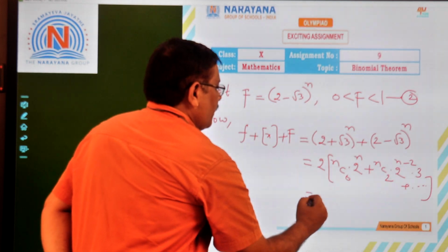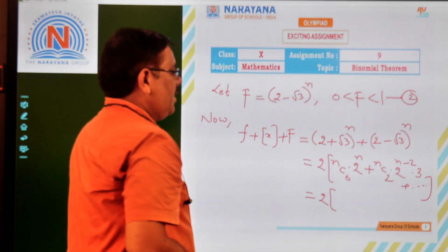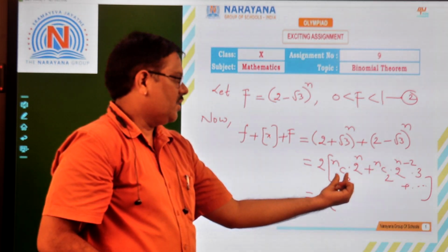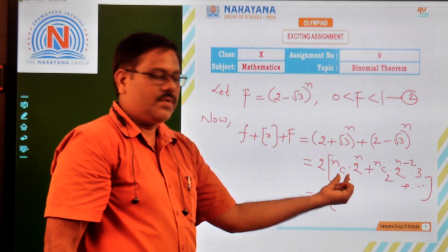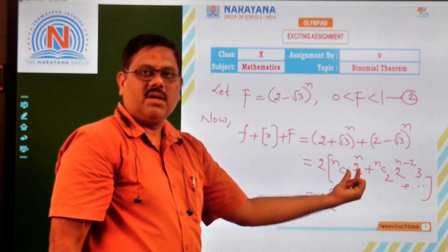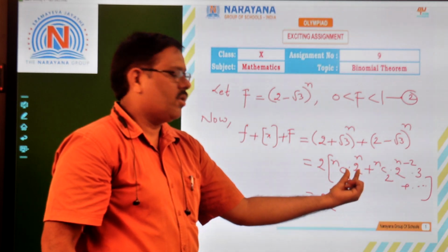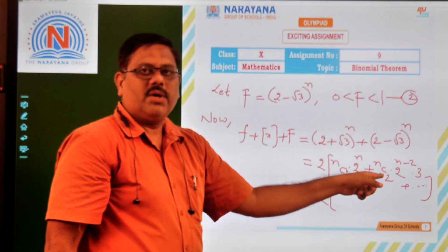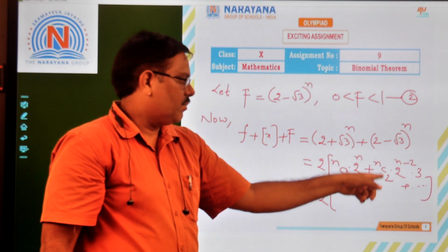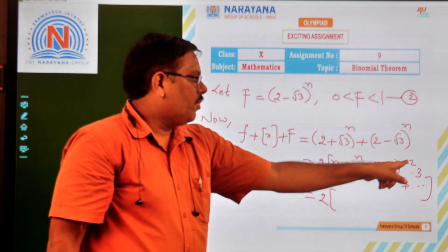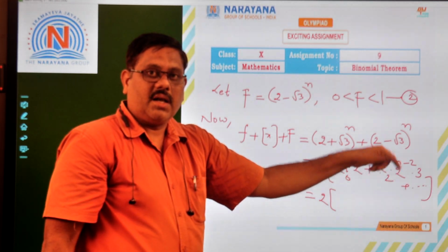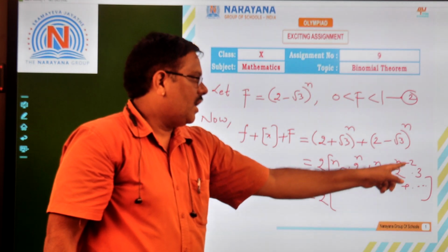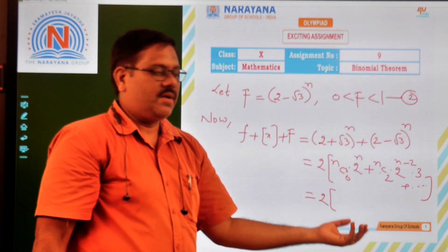So that is 2 times of, here nC0 is going to be an integer value, of course it is 1. 2^n, as n is a natural number, is also an integer. nC2, n(n−1)/2, n being a natural number, is an integer value. 2^(n−2) is also an integer, and 3 is of course an integer value.